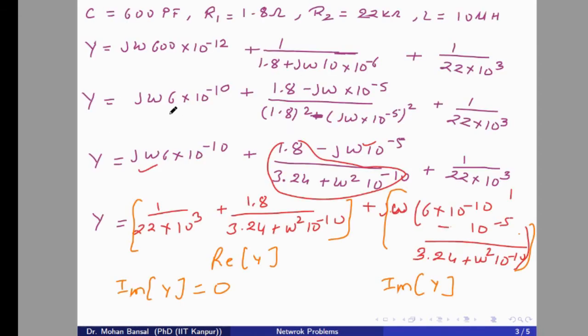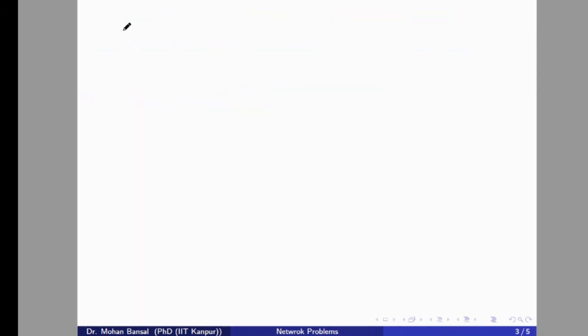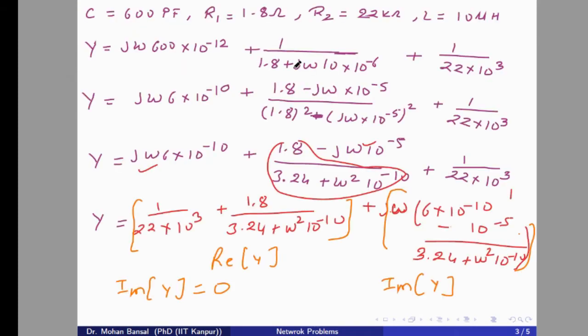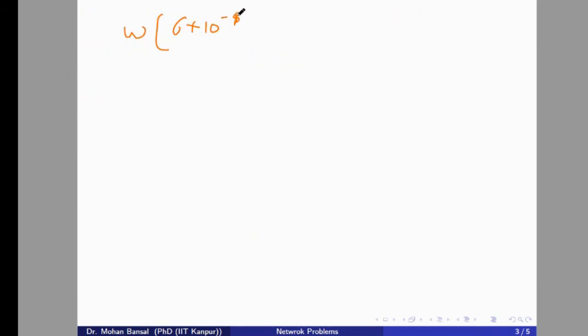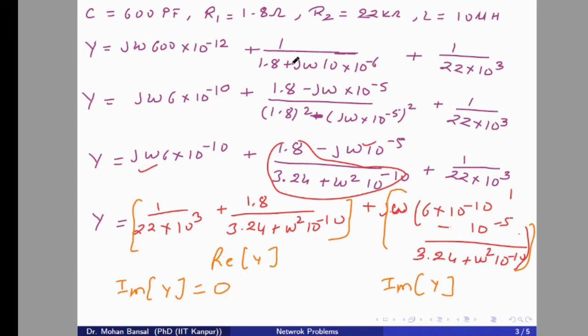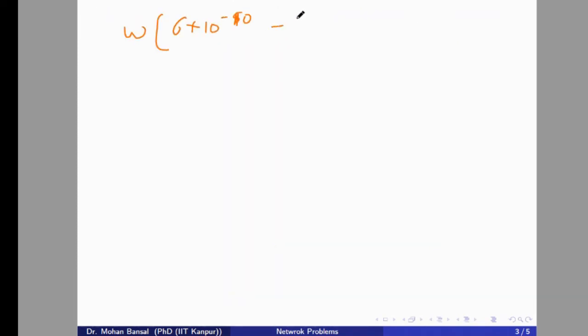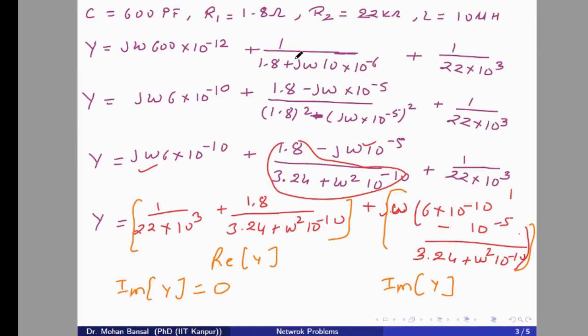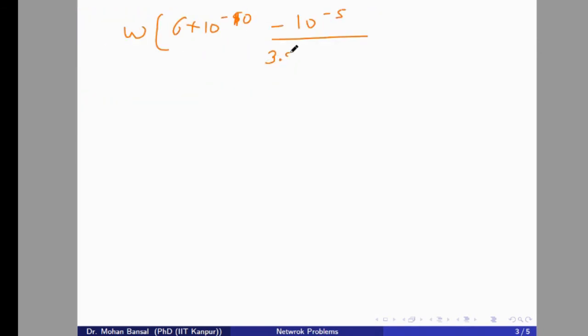So we have the imaginary term, that is omega into 6 into 10 to the power minus 10, minus 10 to the power minus 5, divided by 3.24 plus omega square into 10 to the power minus 10, is equal to 0.